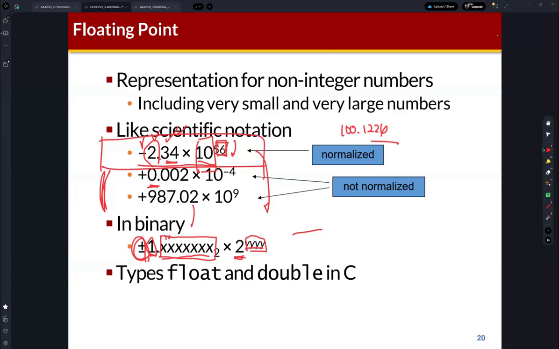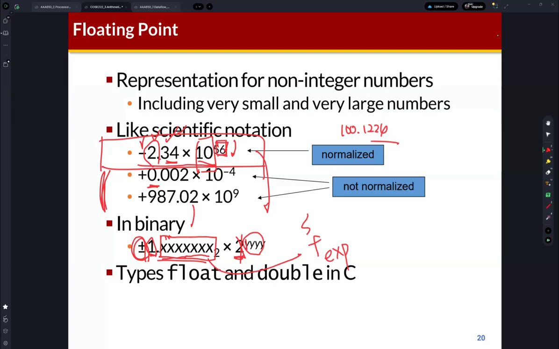The base is always 2, so we don't need to store this number. And then we require the exponent part. So what are required? Sign bit. This part is called the fraction part. And this is the exponent part. So these 3 kinds of numbers are required for representing floating point numbers.